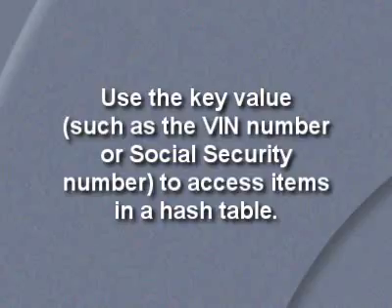For example, if you were storing a hash table of car references, you could access those cars by their VIN number. Or if you were storing a hash table of employees, you could access those employees by their social security number.